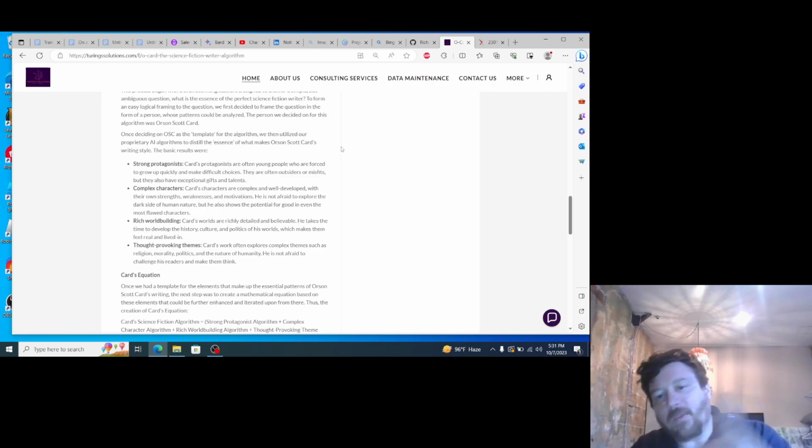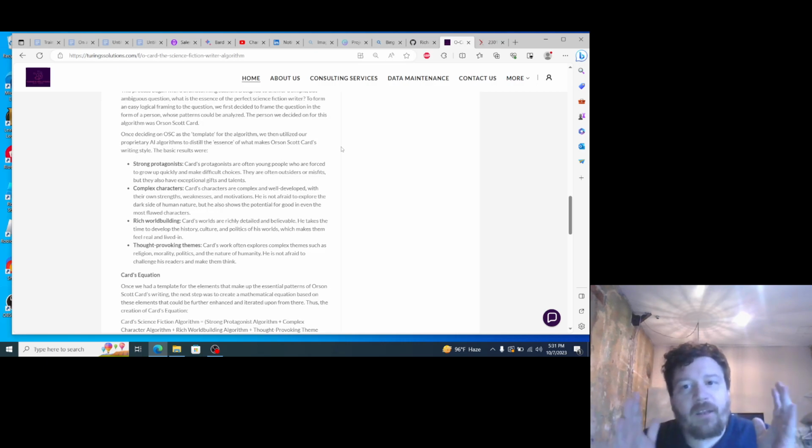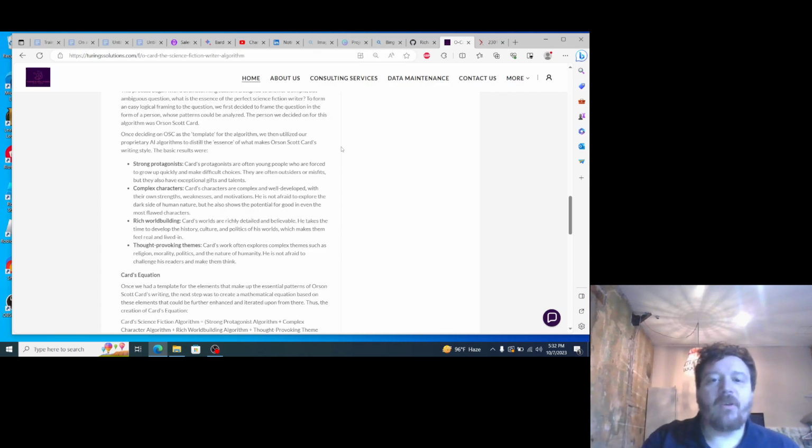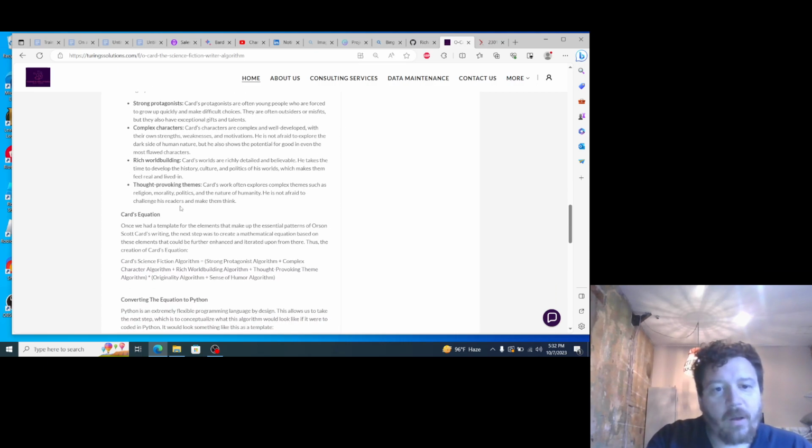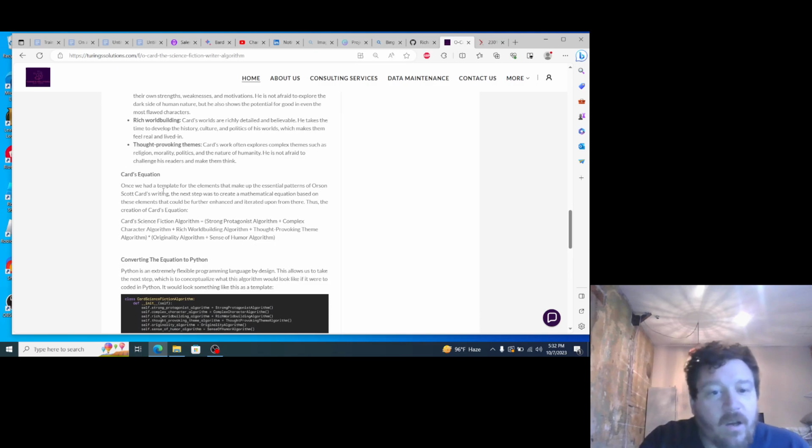Okay, so now I have these elements and I can define them: strong protagonist, complex characters, rich world building, and thought-provoking themes. I've got these general concepts. Now I want to define them into an equation. I run this through the AI models, and I get Card's equation.